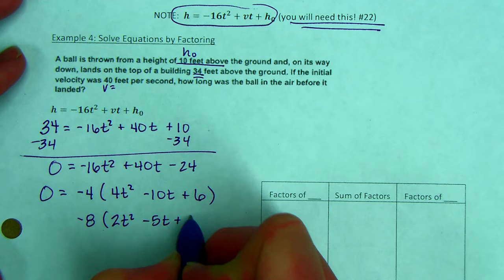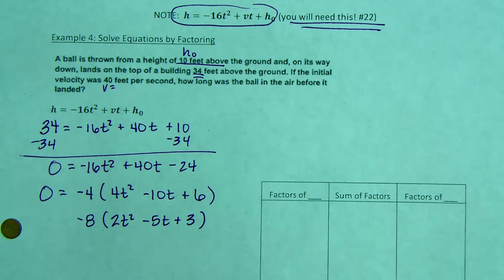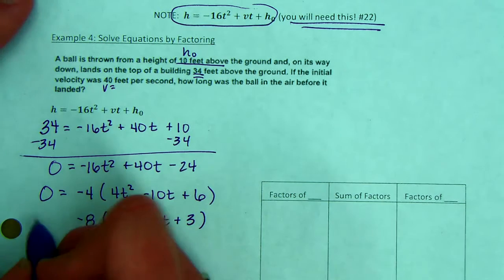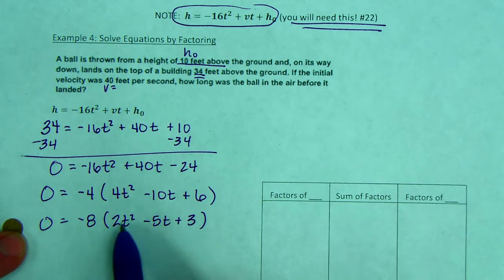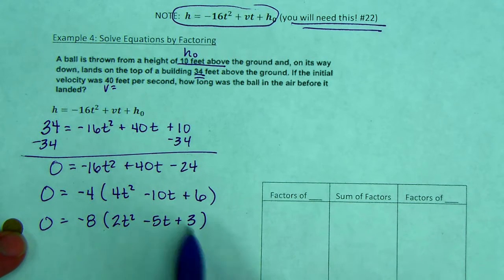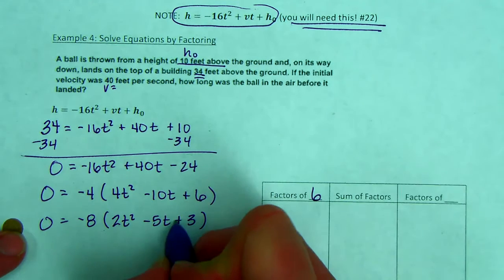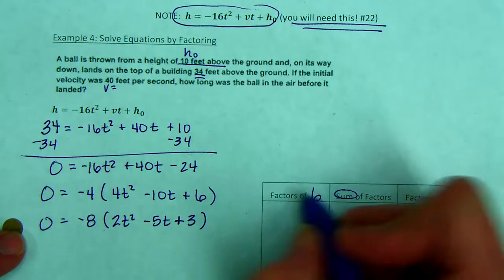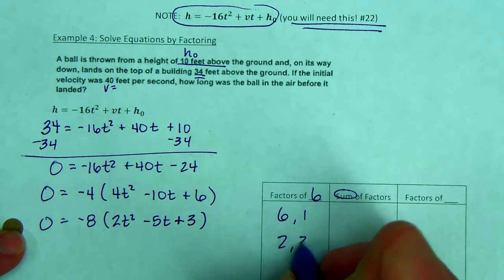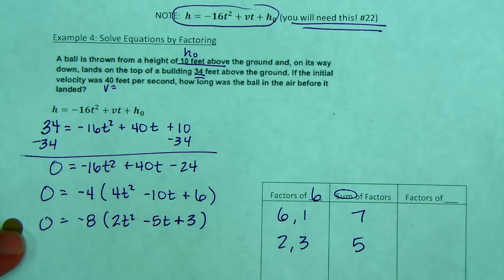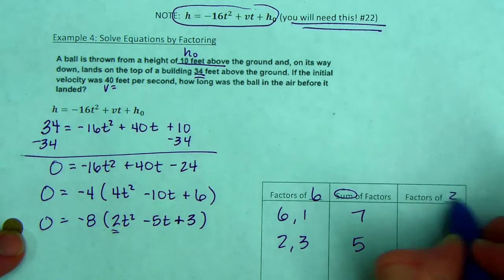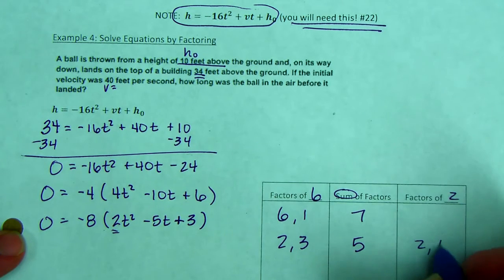So now we have 2 times 3 is 6, and we are looking for a sum. So we got 6 and 1, or 2 and 3, and that's a sum of 7, and 2 and 3 is a sum of 5. Hello. Factors of 2, because what can I put with the 2? Well, probably the 2. So don't forget, that negative 8 stays out there.